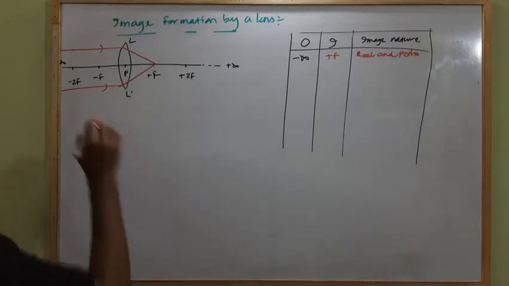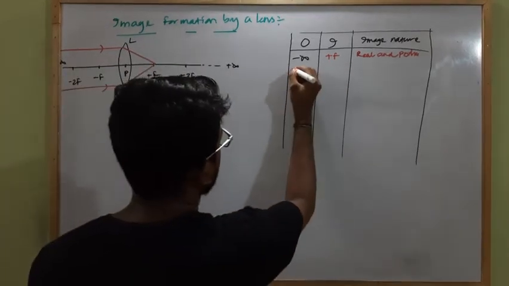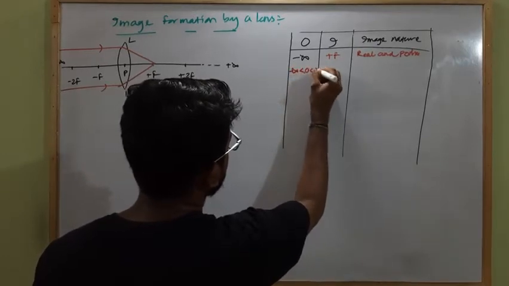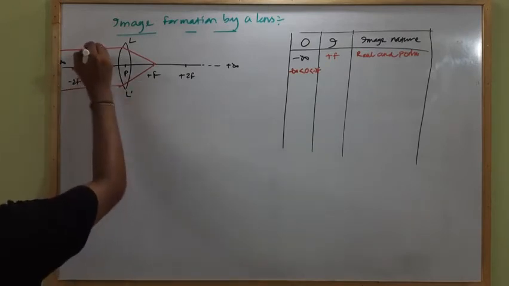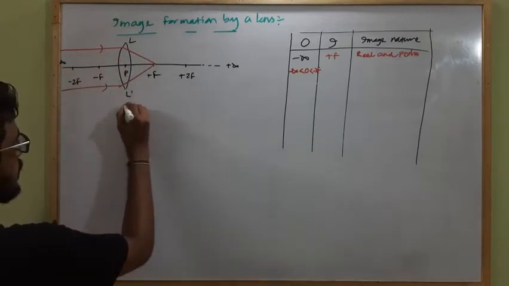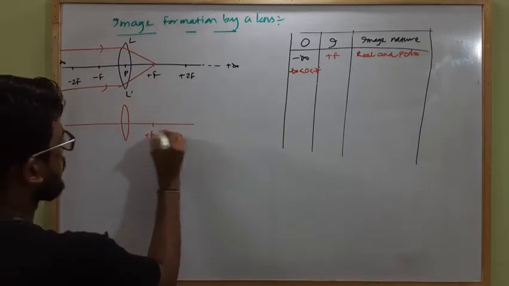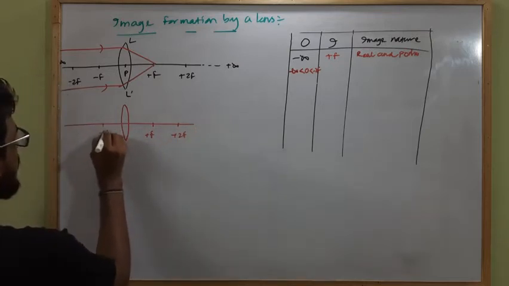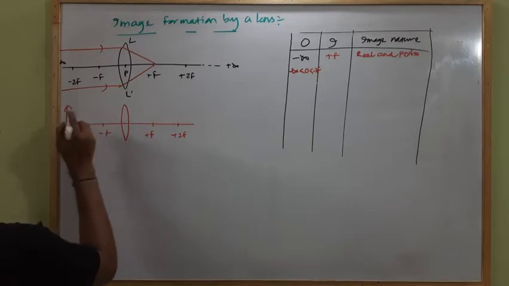Clear? Next, if object is in between minus infinite and minus 2f, so object is somewhere here. This is plus f, plus 2f, minus f, minus 2f. Object is somewhere here, between minus infinite and minus 2f.